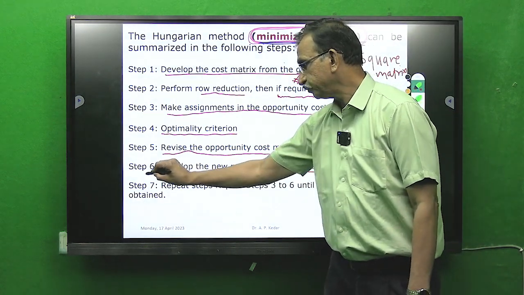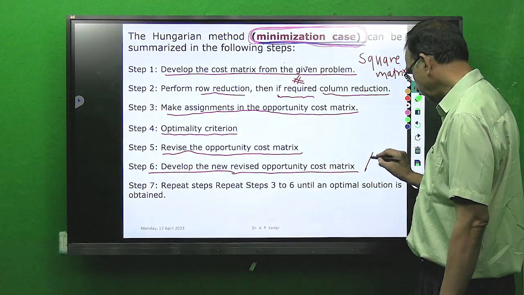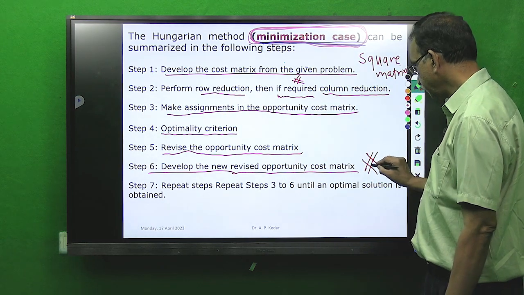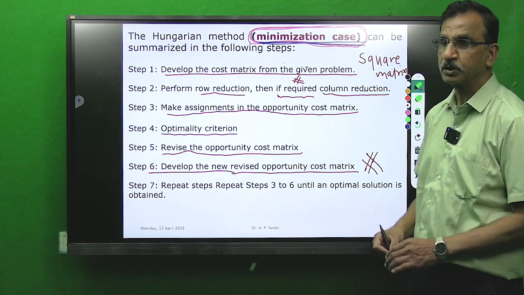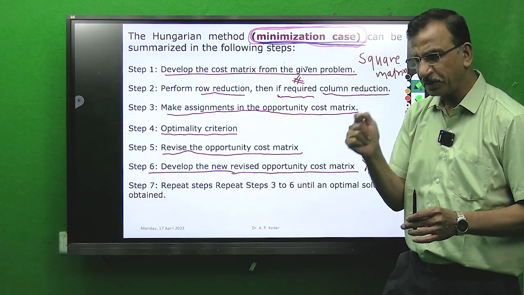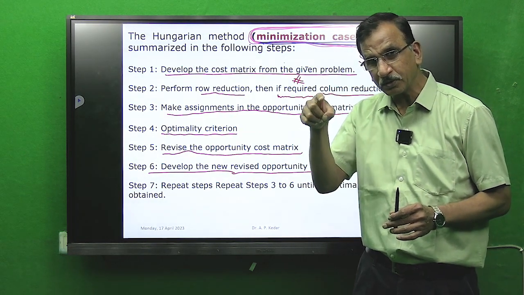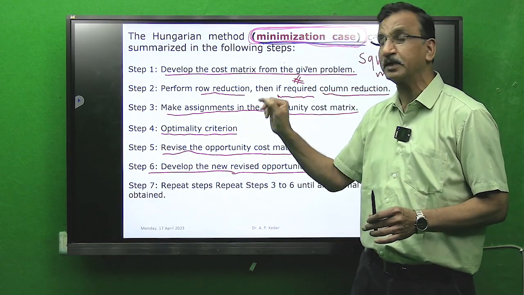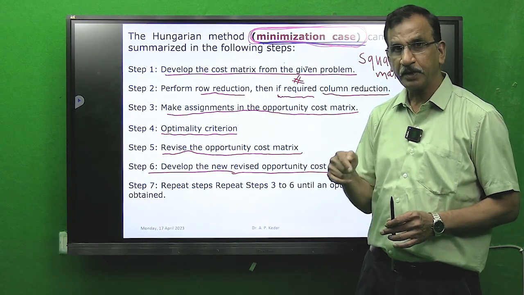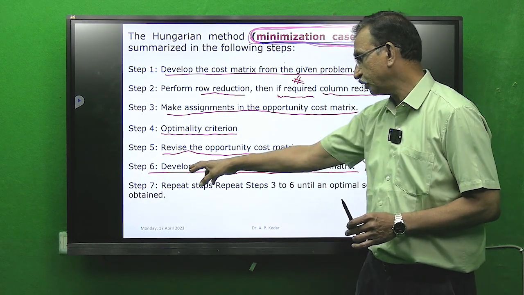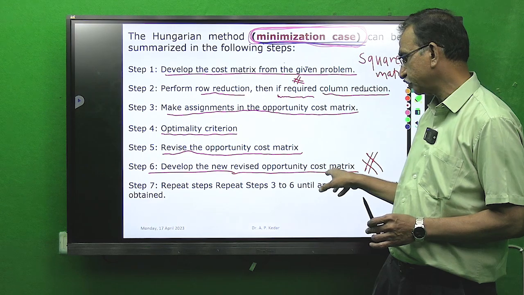So here again this is important. If you are not satisfied with the solution, meaning your solution is not satisfying the optimality condition, then you have to develop the new revised opportunity cost matrix.